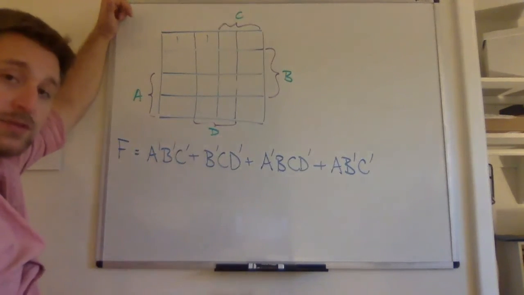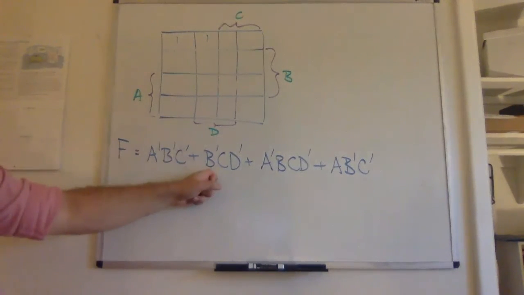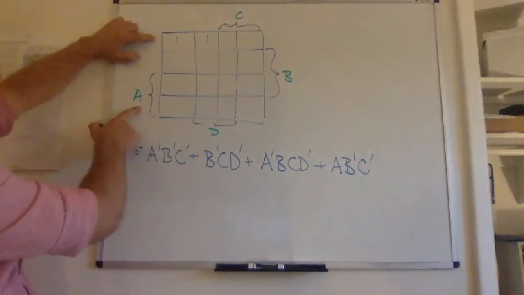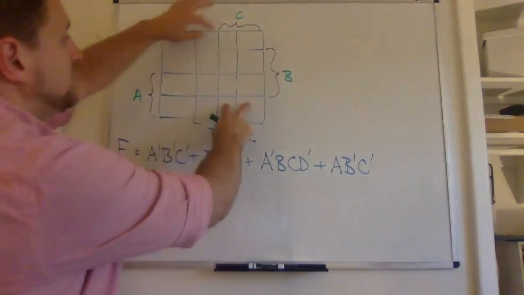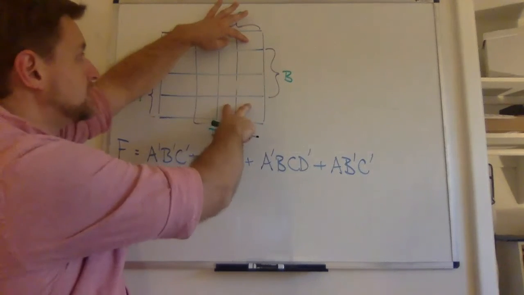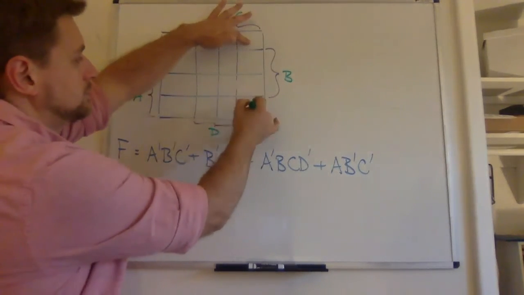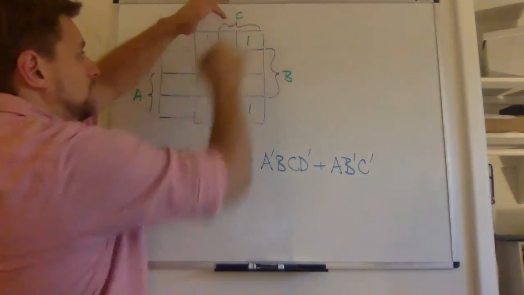They reduce by 1 literal. B complement, that's here and here. C, so that's these 4. D complement, so that's these 2. Here and here.